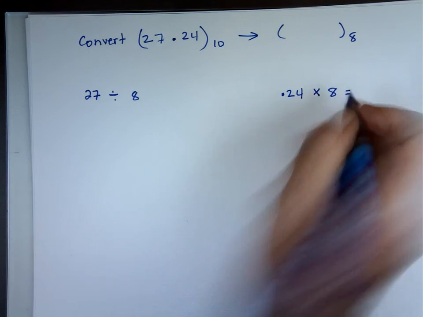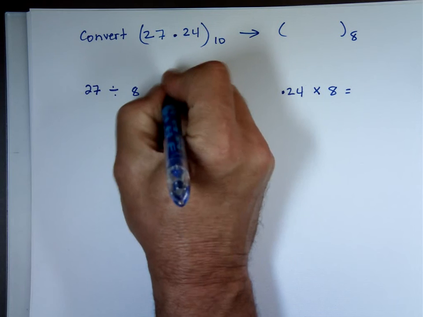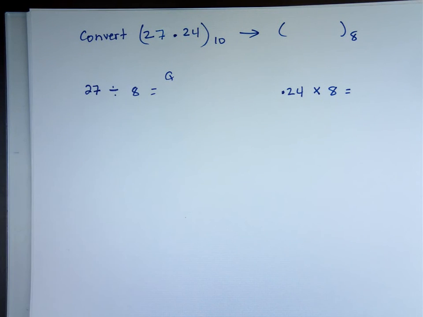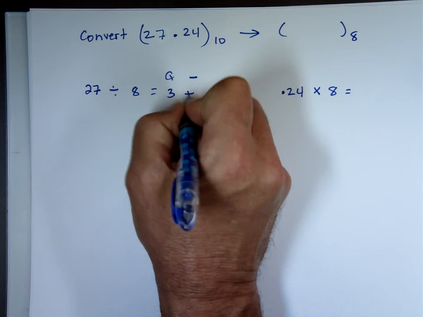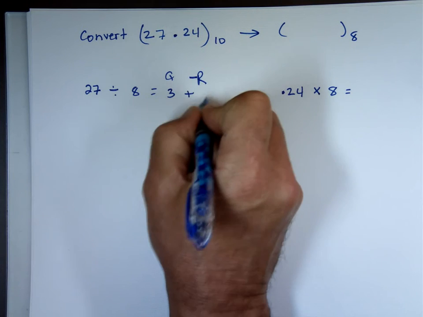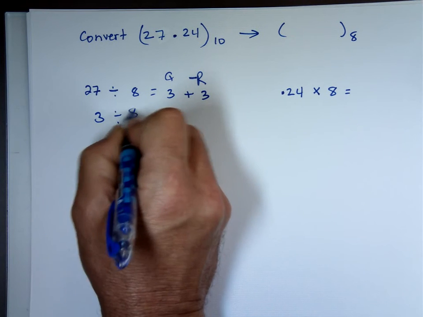So let's do this one first. Quotient, that's 27 divided by 8, which is what? 3. And the remainder is what? The remainder is 3. 3 divided by 8. Can you divide 3 by 8? 0.